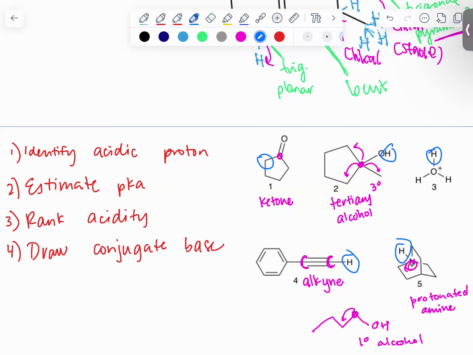You're on the right track, but you have circled a carbon and you're identifying a proton. So you have one extra step to do with this one. You just have to draw the proton.